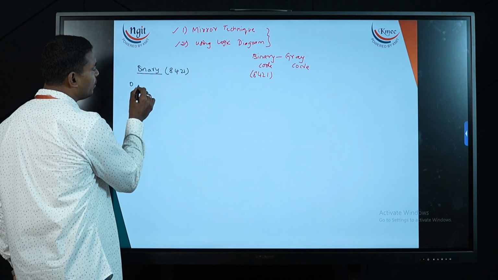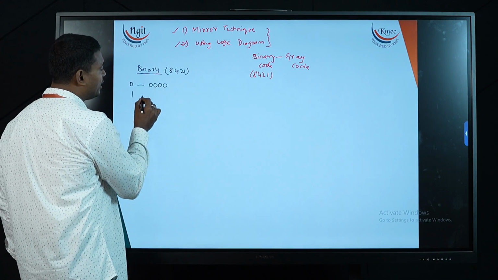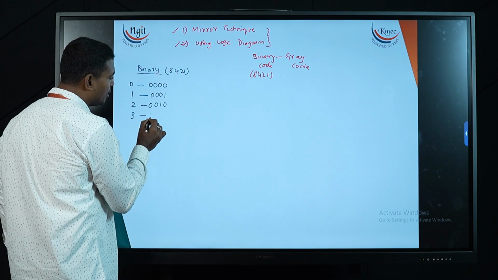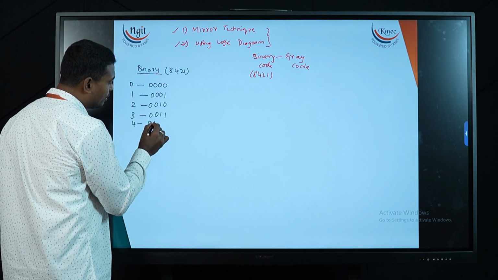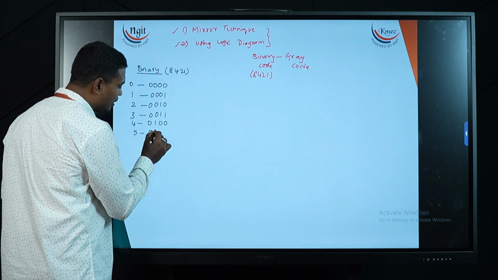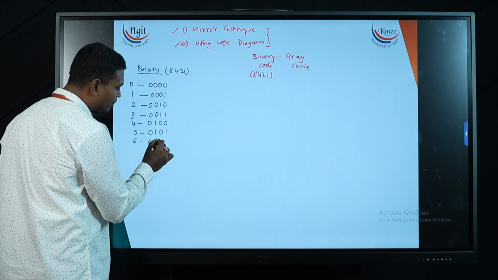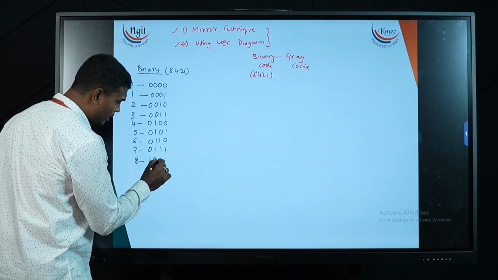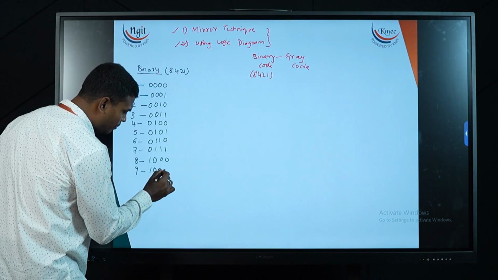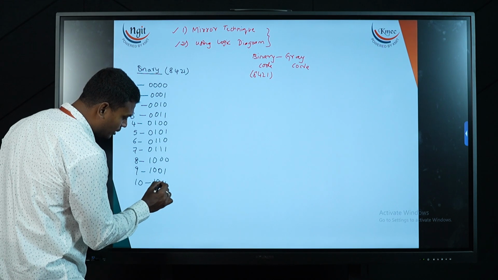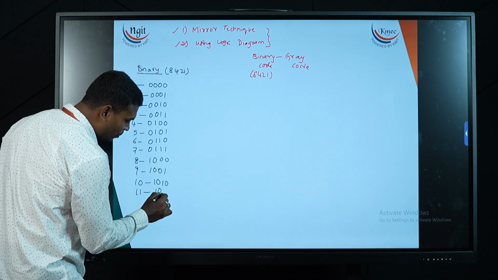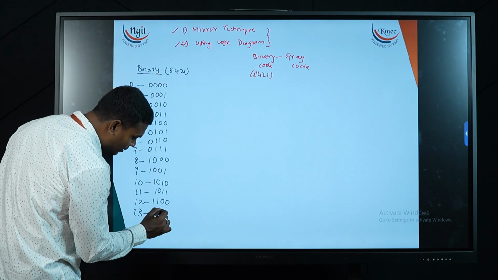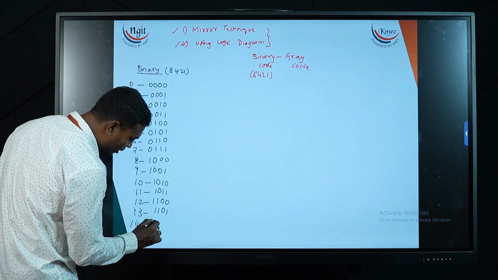For 0 it is represented as 0 0 0 0. 1 is 0 0 0 1. 2 as 0 0 1 0. 3 as 0 0 1 1. 4 is 0 1 0 0. 5 as 0 1 0 1. 6 as 0 1 1 0. 7 is 0 1 1 1. 8 is 1 0 0 0. 9 is 1 0 0 1. 10 as 1 0 1 0. 11 as 1 0 1 1. 12 as 1 1 0 0. 13 as 1 1 0 1. 14 as 1 1 1 0.